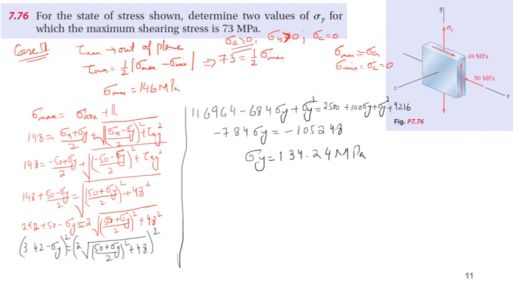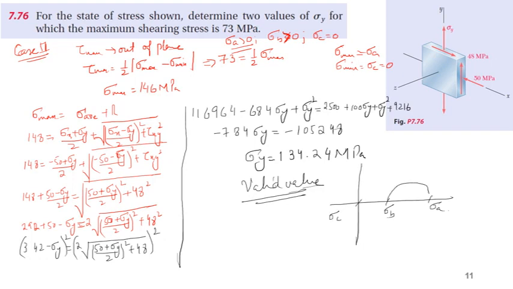And this is a valid value, because both will be tensile stresses, and if you put in the value, sigma b will also be greater than 0. You can check. So again, this will be a valid value, considering that out of plane shear stress means, if I draw the Mohr circle for this case, it will be sigma a over here, sigma b, and sigma c will be 0.